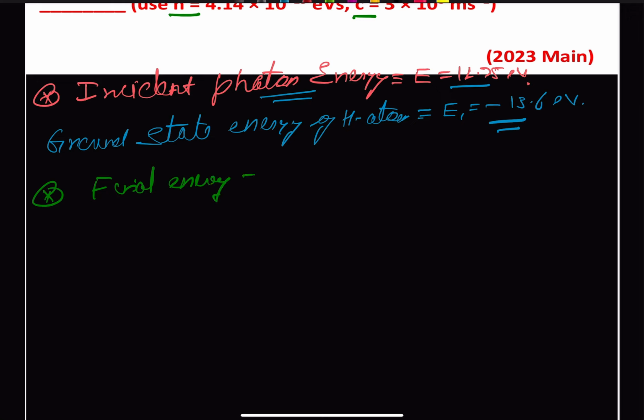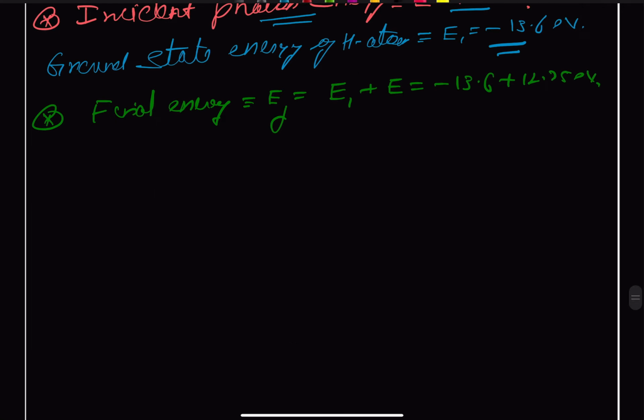Final energy, that is E of F, will be equal to E1 plus the energy of the photon, and E1 is minus 13.6 plus 12.75 electron volt. Therefore we get that our final energy will be equal to minus 0.85 electron volt.